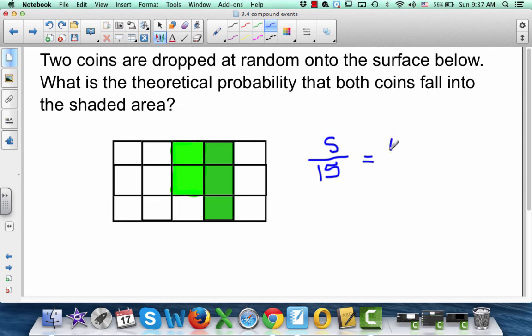So that's equal to 1 out of 3. So the first time you drop a coin, it's 1 out of 3. The second time you drop the coin, it's 1 out of 3. Because both times there's going to be 5 shaded areas. It doesn't matter where the first coin lands. So that gives you 1 out of 9.